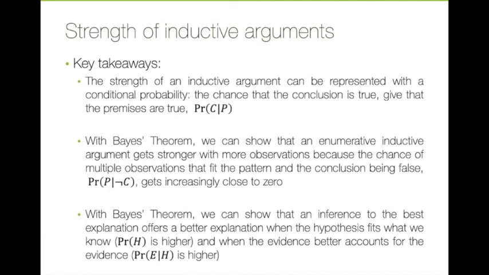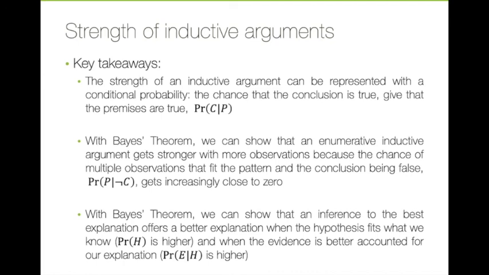And that's because the chance that multiple observations that fit that pattern go with the conclusion being false, that is, the probability of P given not C, gets increasingly close to 0, so the probability of C given P gets closer and closer to 1.